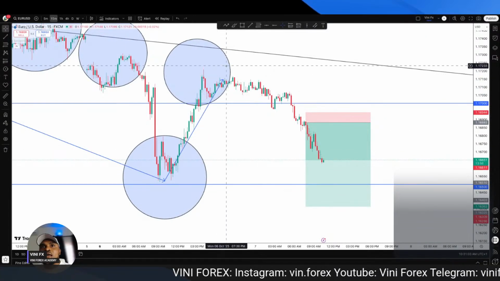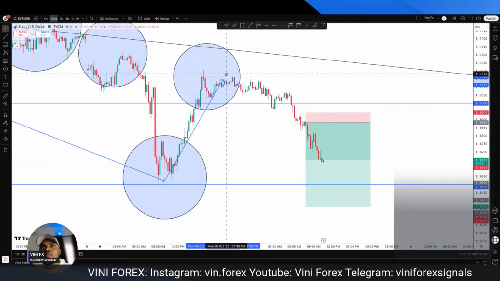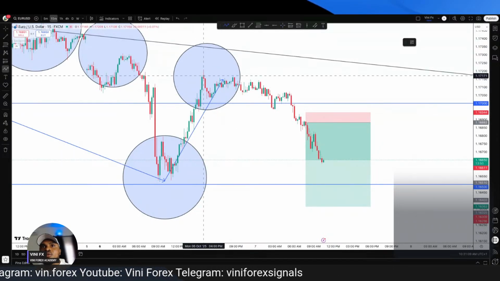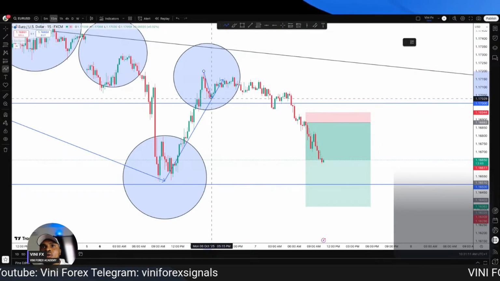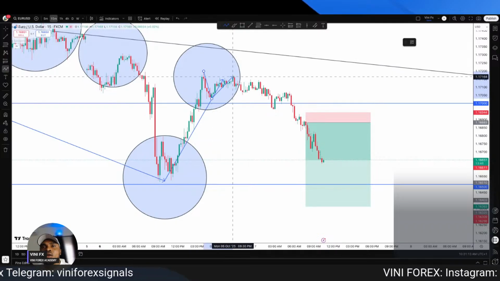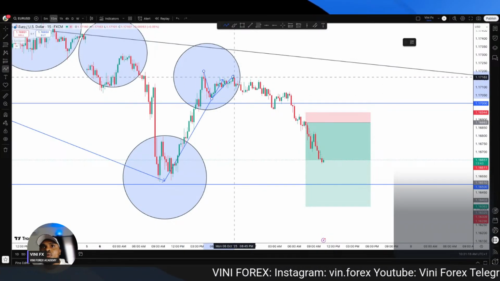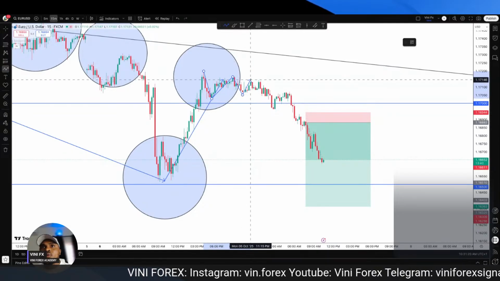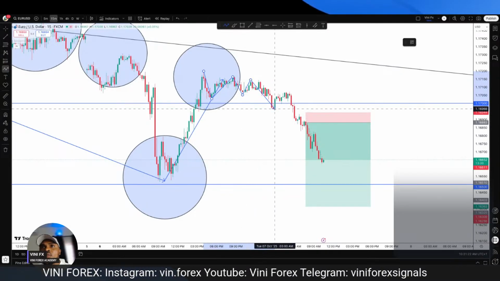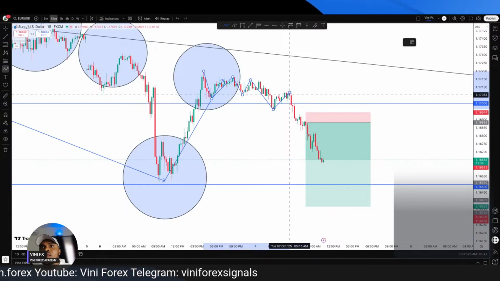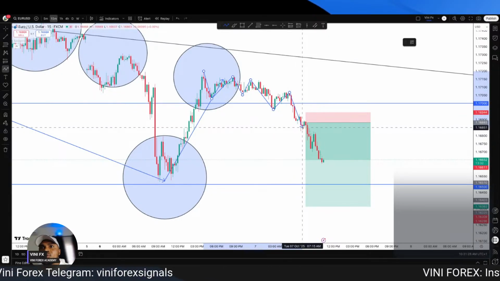The price came to this high, and after this high, it continued to give you a selling market structure: a high, a low, a lower high, a lower low, a lower high, a lower low, a lower high. The market continued to sell.